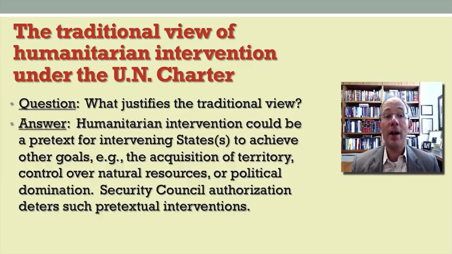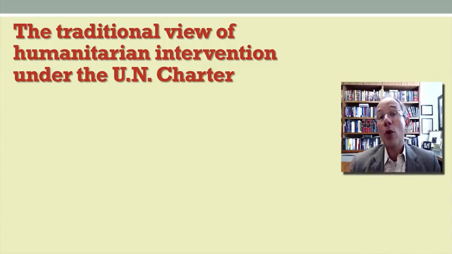And I would say that, as I mentioned briefly earlier, the concern about pretext, that an intervention might be used as a ruse in order to obtain other goals, such as the acquisition of territory, control over natural resources, political domination, and Security Council authorization with the voting requirements I've described to you deters such pretextual interventions. But it also, I think, deters mixed motive interventions, and perhaps that's a good thing.